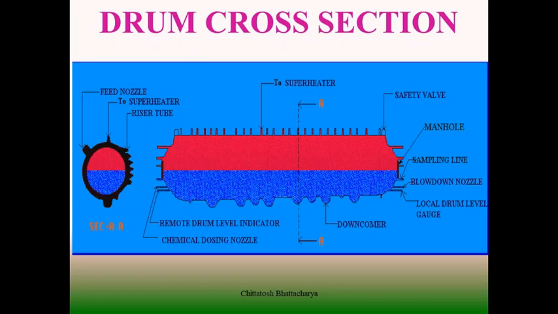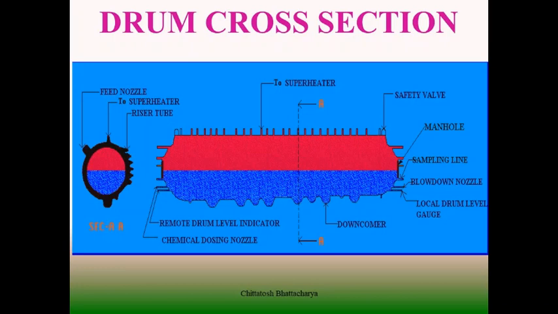Here is a cross-sectional view of the drum and let us try to see the arrangement within the drum. The drum has various mountings and attachments. We have feed nozzles to feed water from the economizer.